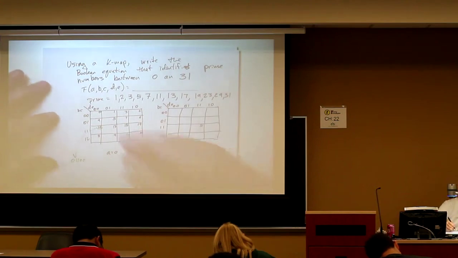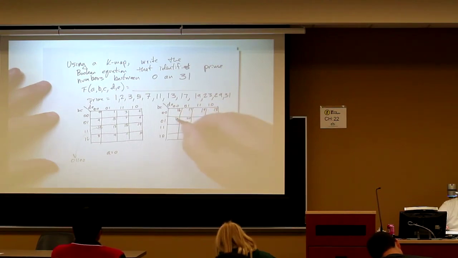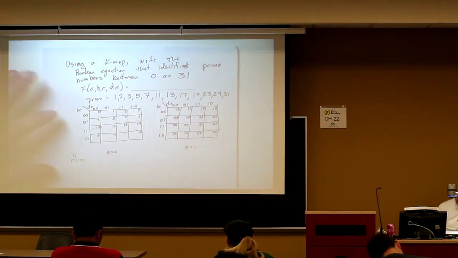Going over here, then we continue on. This is 16, 17, 18, 19, 20, 21, 22, 23, 24, 25, 26, 27, 28, 29, 30, 31.